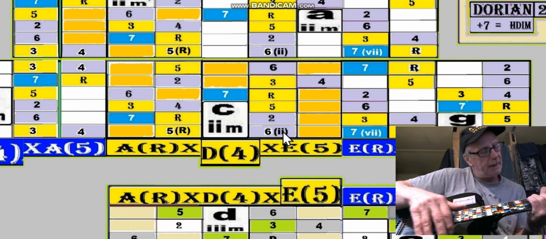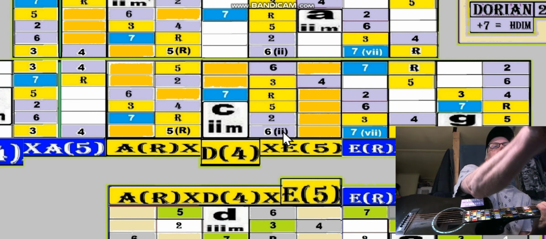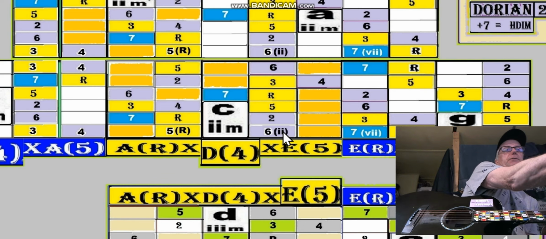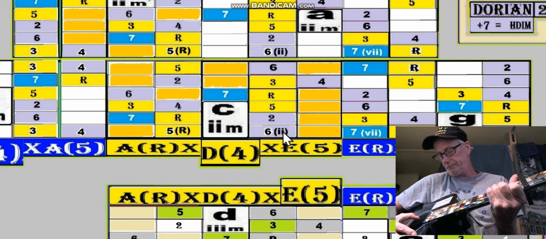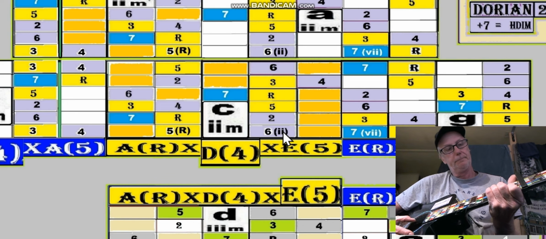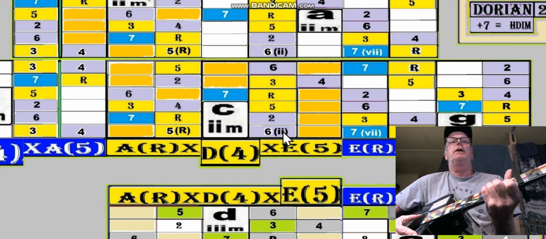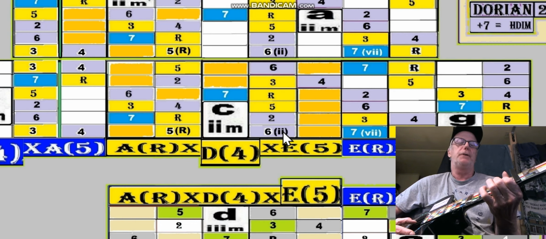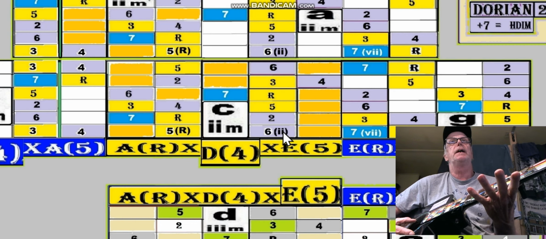Okay, so that's what it's like. Now, when you go to a minor C, all it is you go 5th to the root to the minor 3rd up to the 5th again.